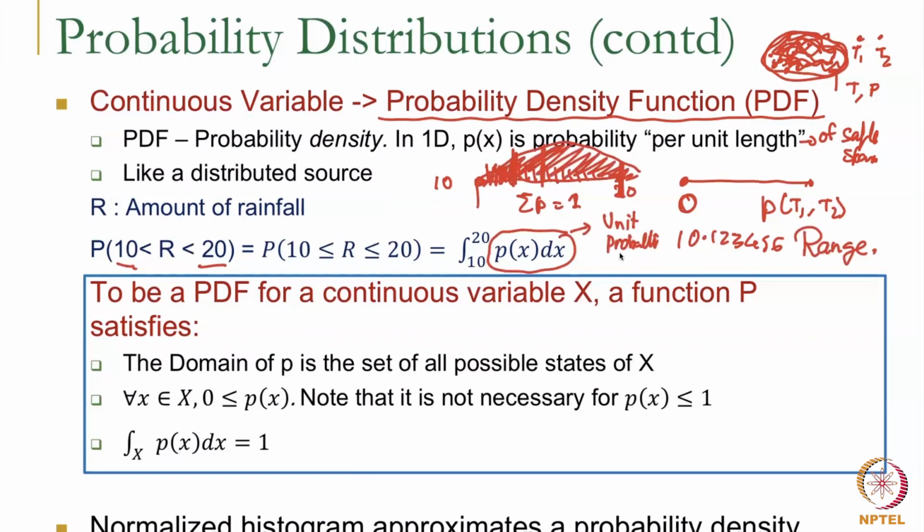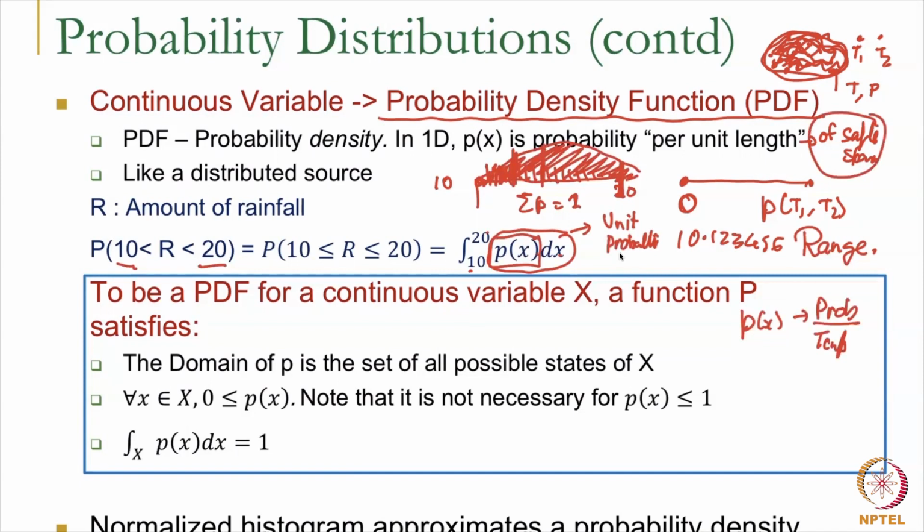Now, what do you integrate? What you integrate is the density of the probability. So you say integral from 10 to 20 of P of x dx, where P of x is probability per unit temperature. That might not make much sense, but it is per unit length in sample space, as I have written here.